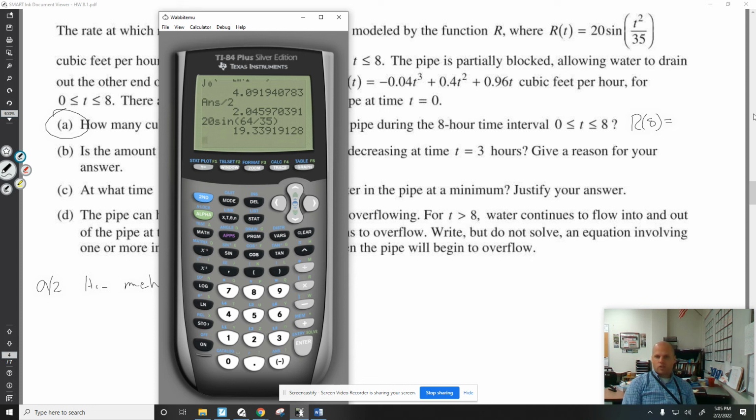Sorry, you just found that water is flowing in at a rate of positive 19.339 cubic feet per hour. That's how quickly water is flowing in. That's the velocity. It is not a total.